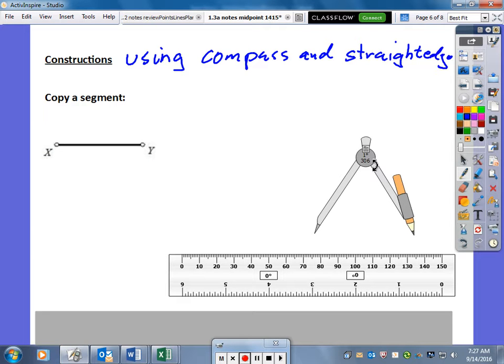Now this is a compass that we will be using, and down here you have a ruler. Now you can use a ruler as a straight edge, but we are not supposed to measure things with a ruler. We are using the compass for measuring.